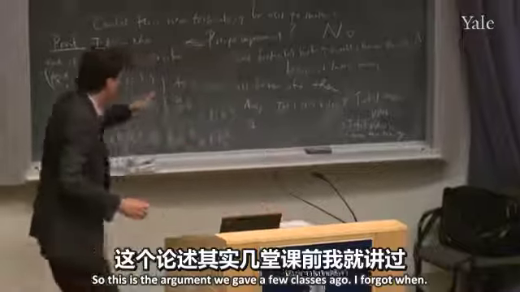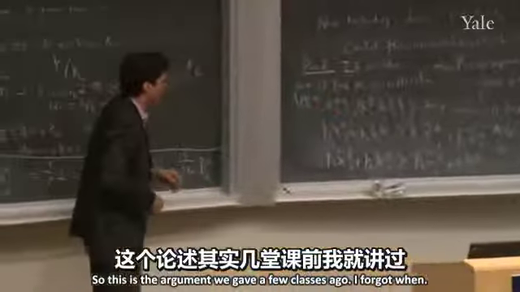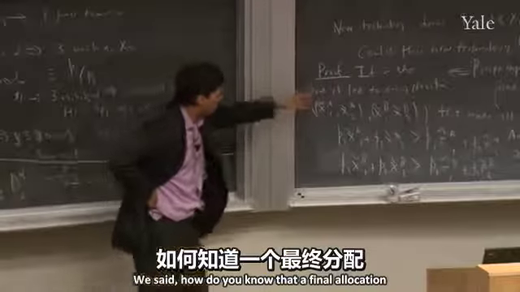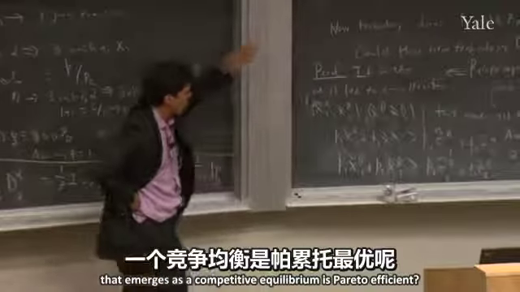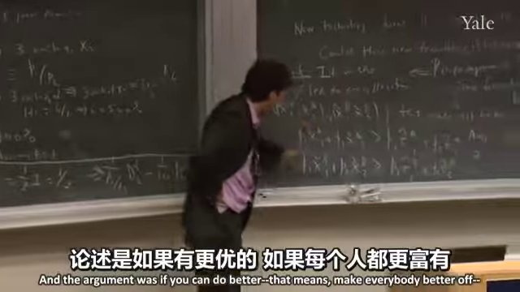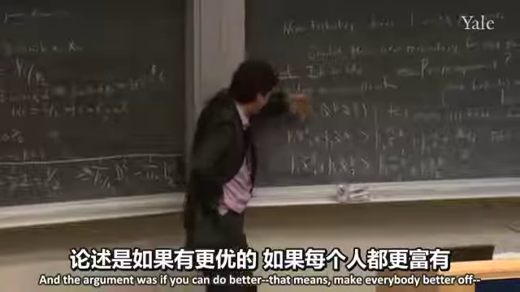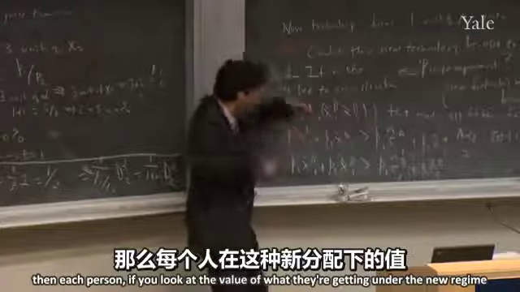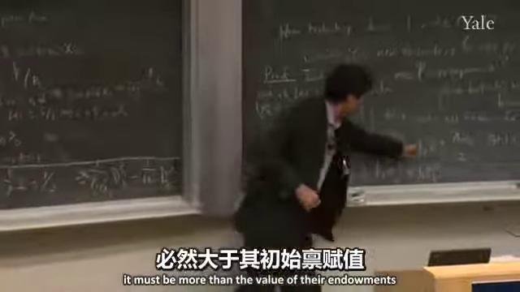Okay. So this is the argument we gave a few classes ago. We said, how do you know that a final allocation that emerges as a competitive equilibrium is Pareto efficient? And the argument was, if you can do better, that means make everybody better off, then each person, if you look at the value of what they're getting under the new regime, it must be more than the value of their endowments.